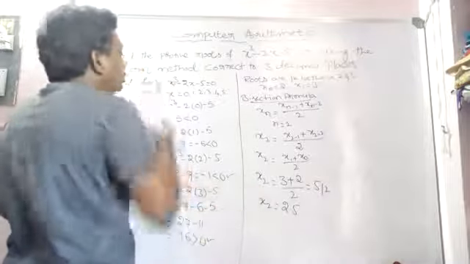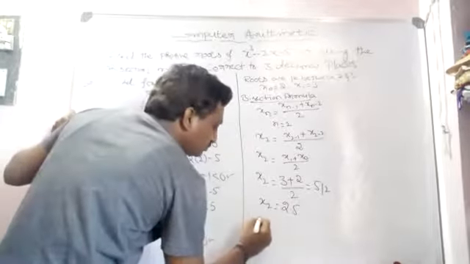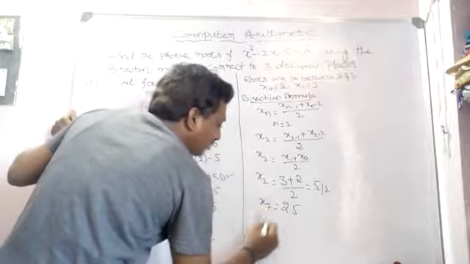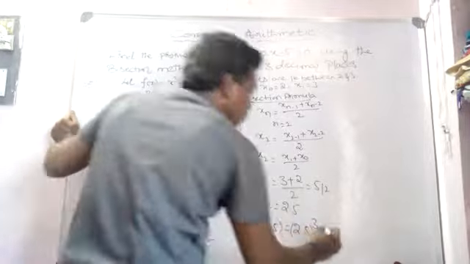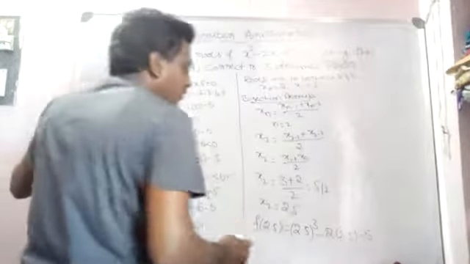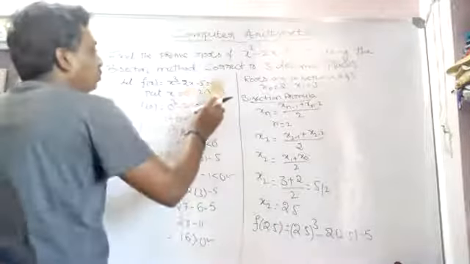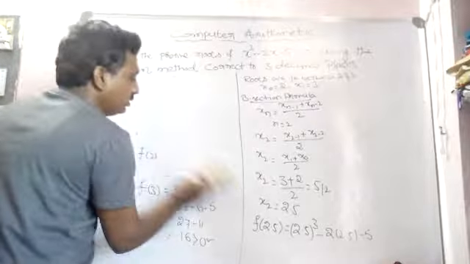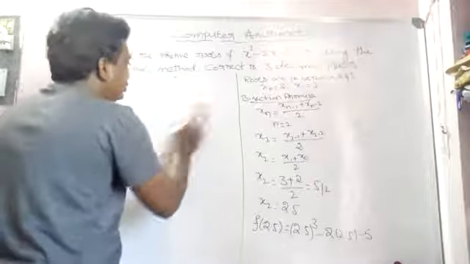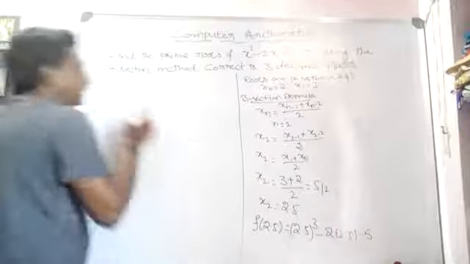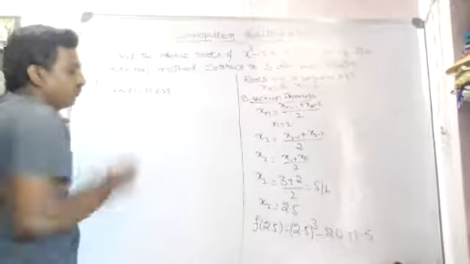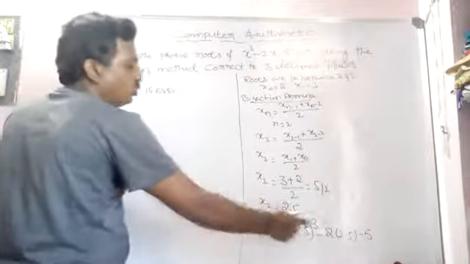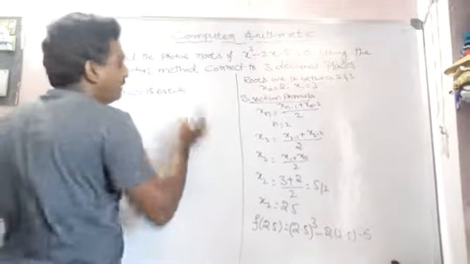In that x2 value, you substitute in f of x. So f of 2.5 equals 2.5 whole cube minus 2 into 2.5 minus 5. 2.5 whole cube is 15.625, minus 2 into 2.5, that is 5, minus 5.